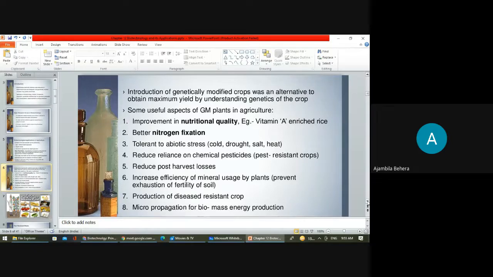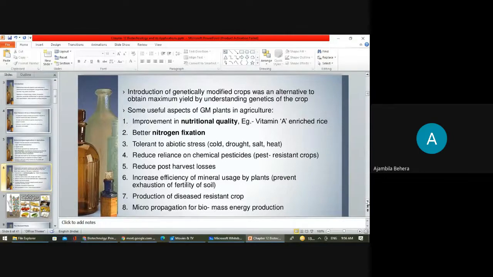And production of disease resistant crops. Such crops do not require any chemical pesticide. Naturally, they can ward off different kinds of harmful pests. They can protect themselves against different types of diseases infected by fungus, bacteria or virus.